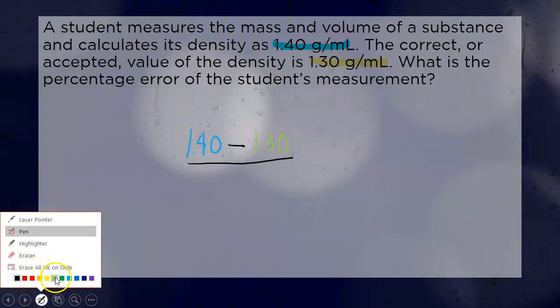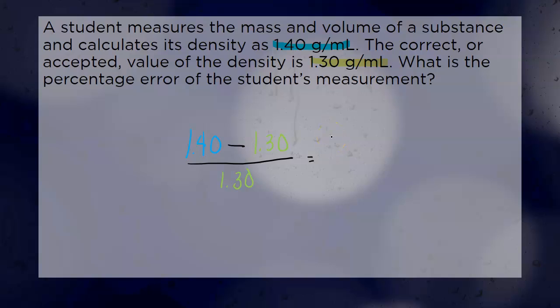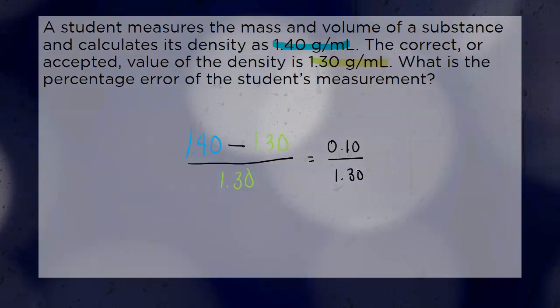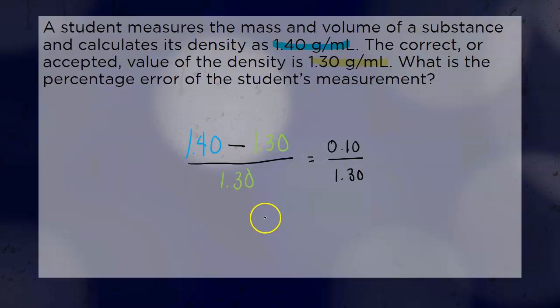So I'm going to take it divided by 1.30. So I take 1.40 minus 1.30, which gives me a difference of 0.10. And then I still have to divide it by 1.30. So 0.10 divided by 1.30.